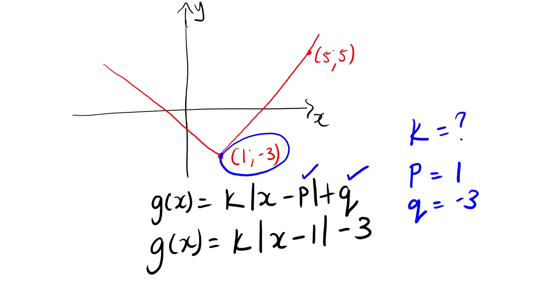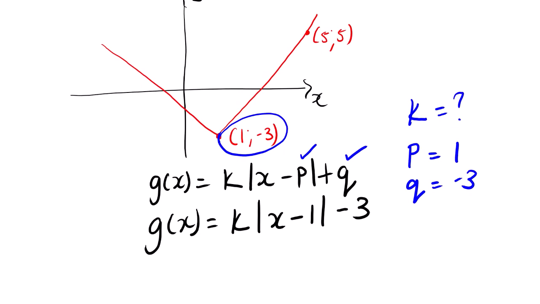If we have the vertex of the absolute value graph and another point which is on the very same graph, we can simply use that point to determine the value of k. We all know that the absolute value graph has 2 parts. The first part is the one whereby the gradient is negative.